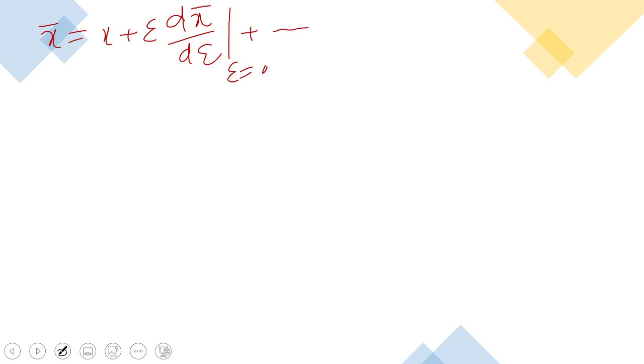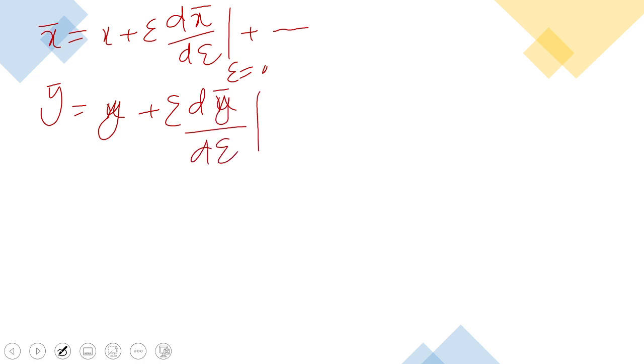So we neglect the higher terms because epsilon is very small. y bar equals y plus epsilon dy bar over d epsilon at epsilon given to be 0.